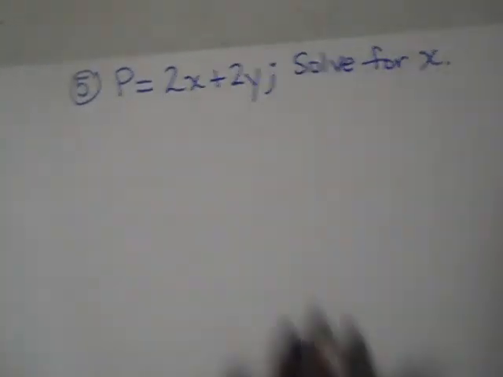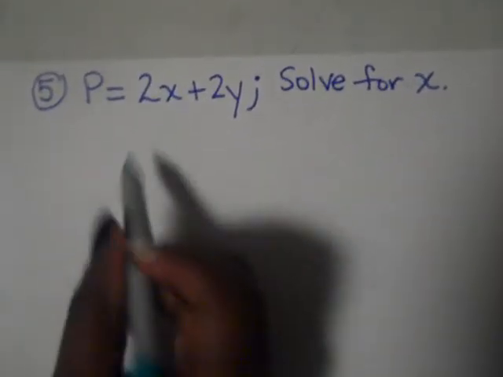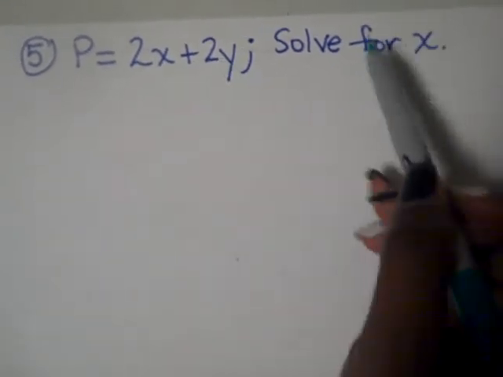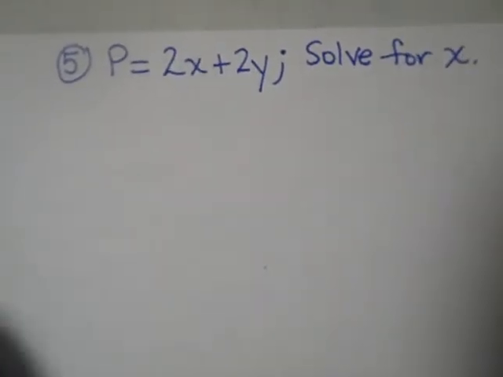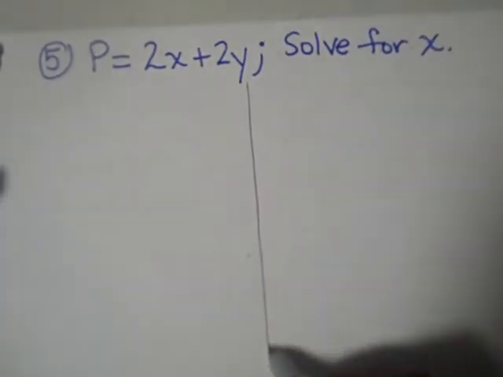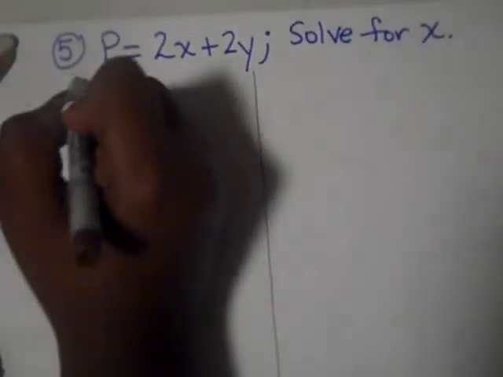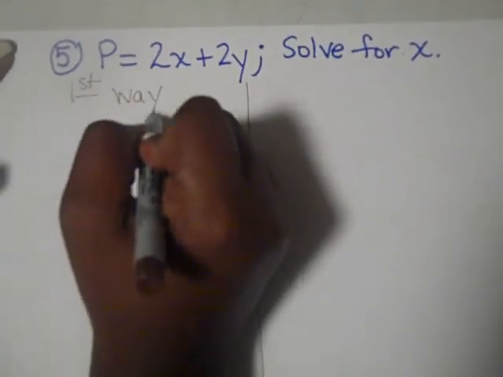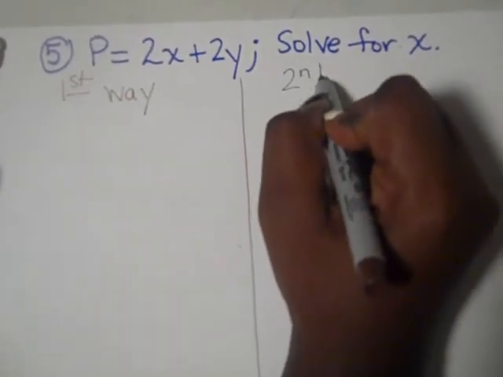My last problem for part 1. P equals 2x plus 2y. Solve for x. This problem could be done 2 ways. So I'm going to show you the first way, and then I will show you the second way.